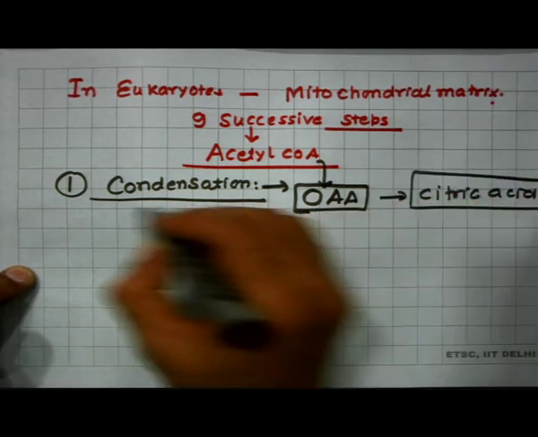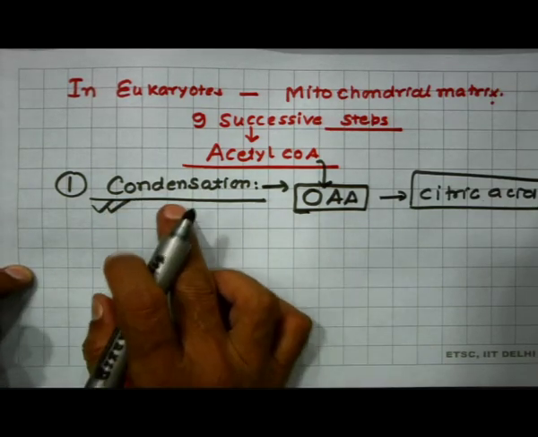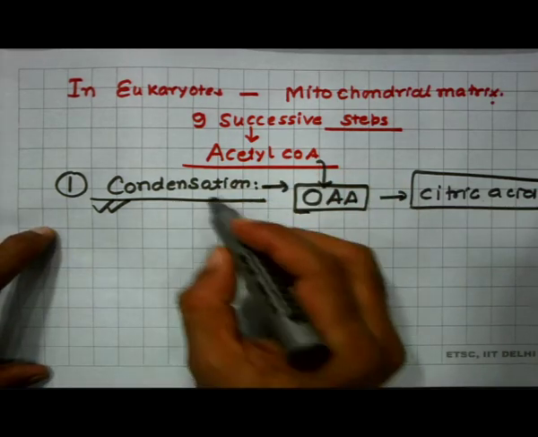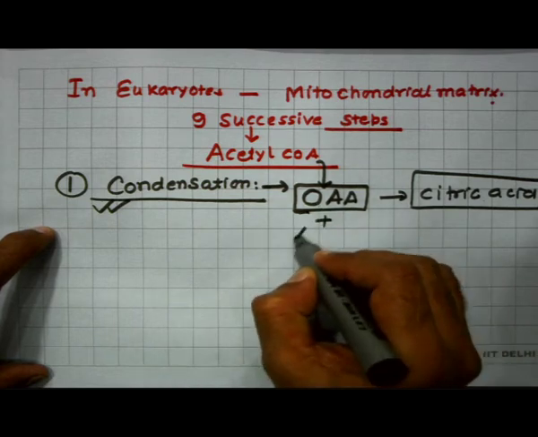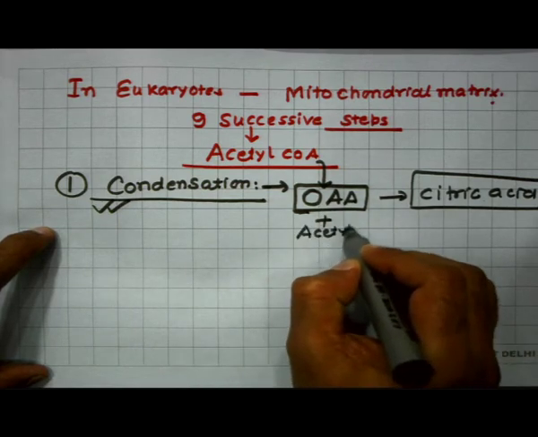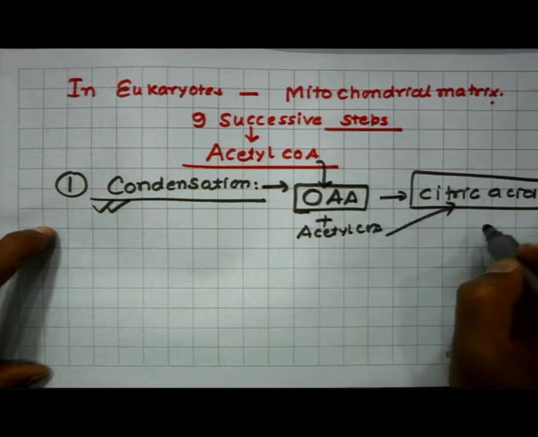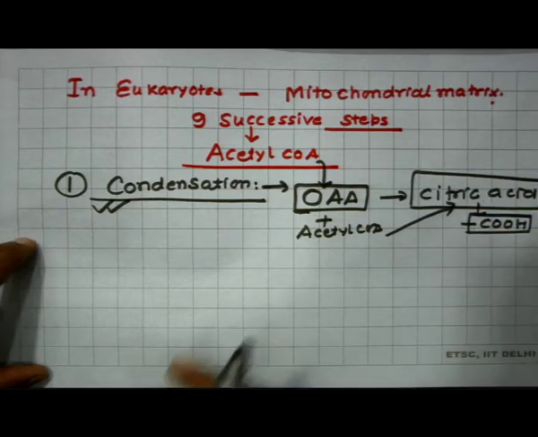So, the first reaction is called condensation, which will be discussed later on. The two molecules, oxaloacetic acid plus acetyl coenzyme A, are combined. It forms citric acid, which has 3 COOH groups. So, this cycle is called the tricarboxylic acid cycle.